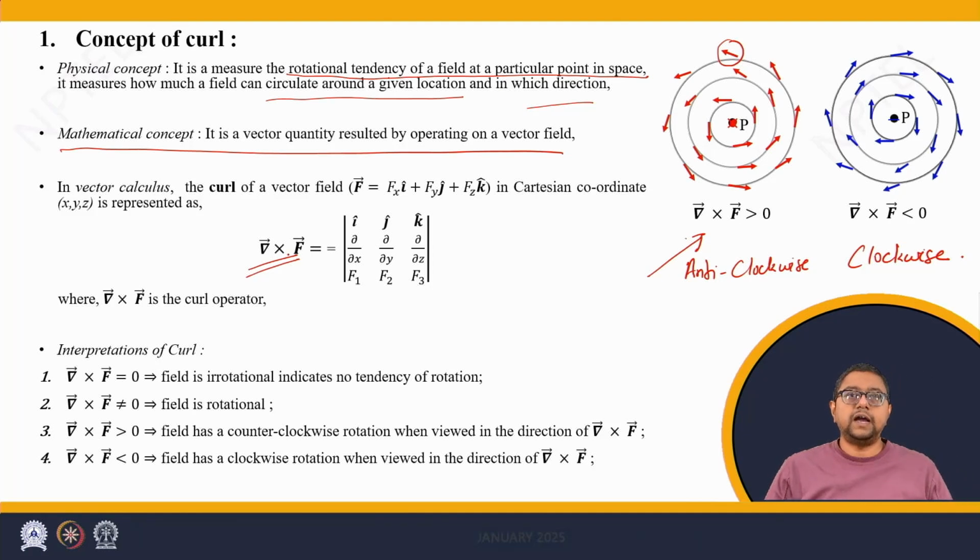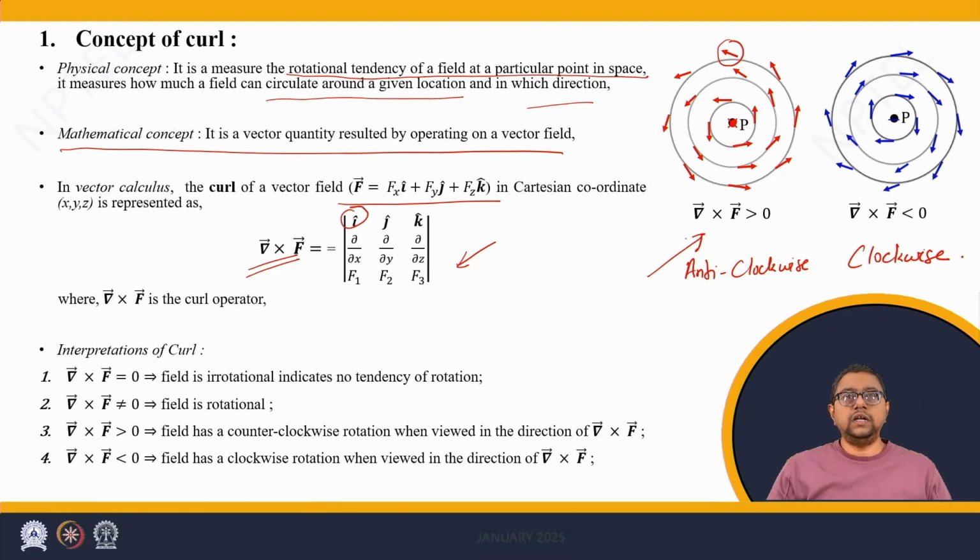Thus, in vector calculus, the curl of a vector field F having the components Fx, Fy, Fz in Cartesian coordinates is represented as follows. In this matrix we have the unit vectors in the first row, the gradient operator components in the second row and the field components in the third row.